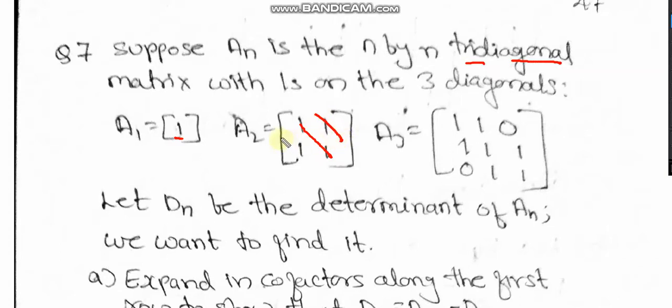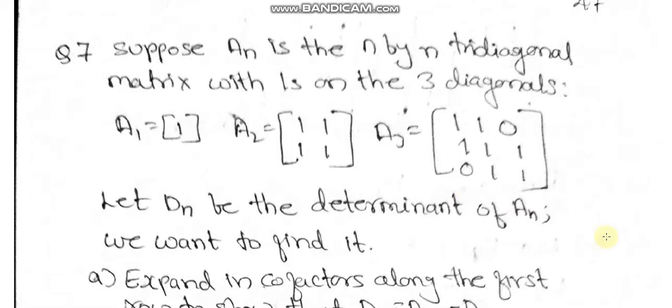This is the three-diagonal matrix. This is one diagonal, this is the second diagonal, and this is the third diagonal. So all diagonal elements are 1. If it is not given, you have to write the form A1, A2, A3. Already they have given it, and you can observe the ones on the three diagonals.